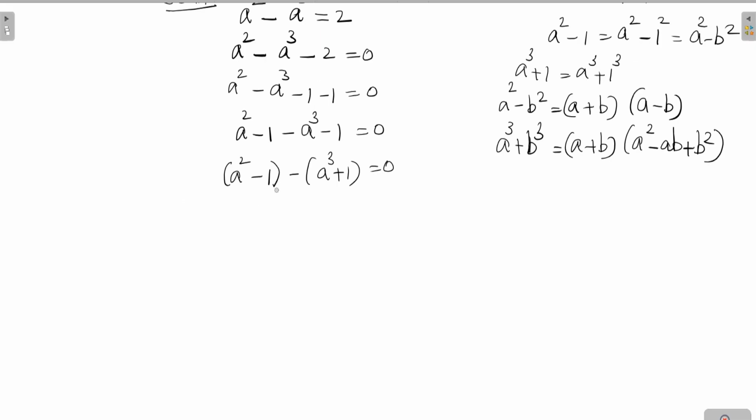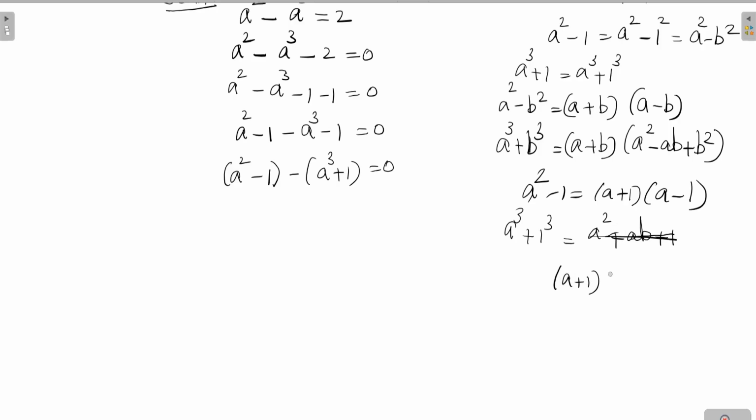So a square minus 1 is equal to a plus 1 into a minus 1. A cube plus 1 cube is equal to a plus b into a square minus ab plus b square, so a plus 1 into a square minus a plus 1 square.